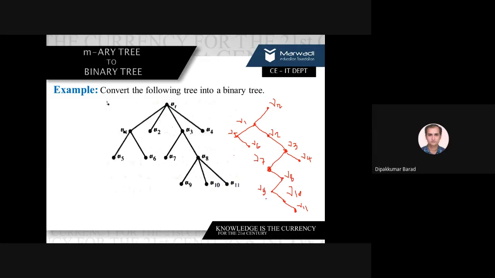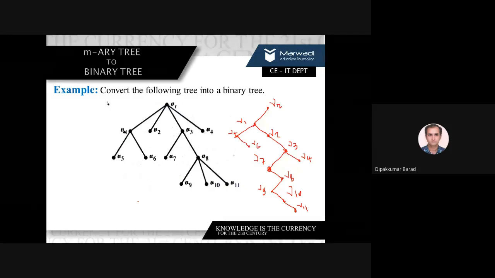V8 has one child, V9. V9 has one child, V10, and V10 has one child, V11. So you get at most two children per node, as per the definition of a binary tree. This is our binary tree found from the given tree. Is it clear for everyone?